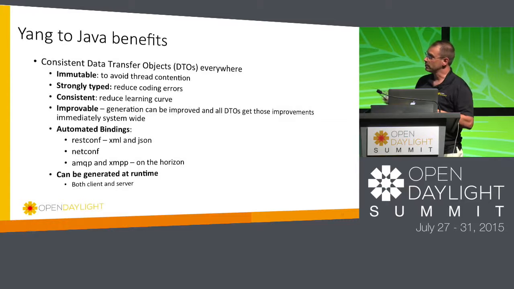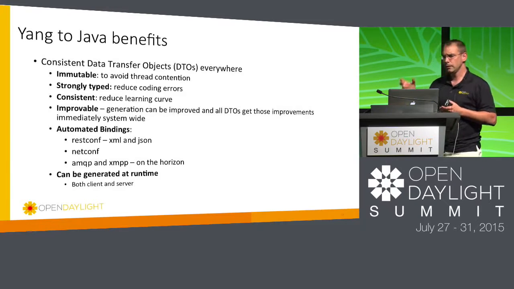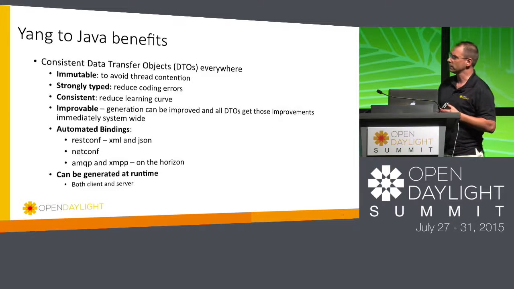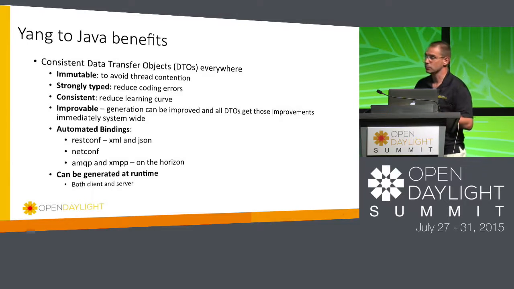And again, what's cool here is we're generating code inside of the MD-SAL, for example. You could just as easily use this to generate code in a client application. In this case, it would be a Java application with these sort of bindings. But you don't have to do that. You could have another codec that could generate different sorts of bindings for you, which is really cool.